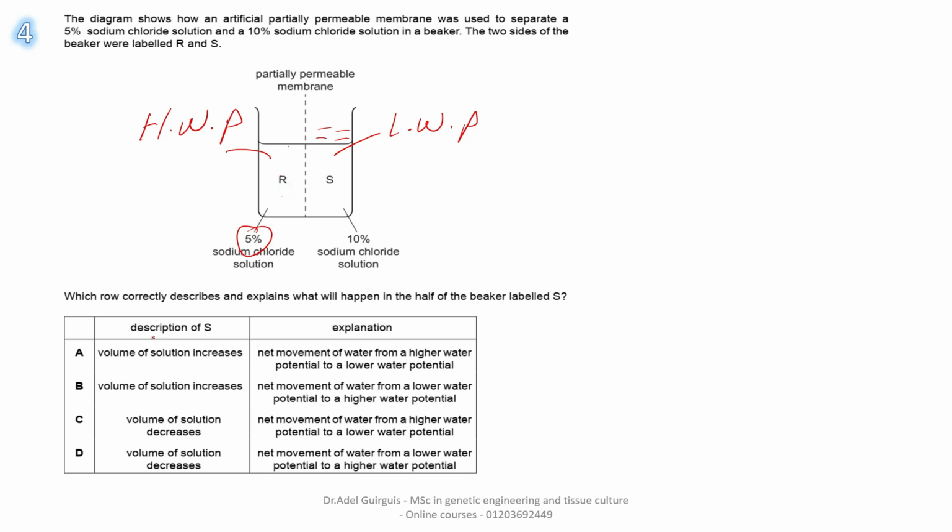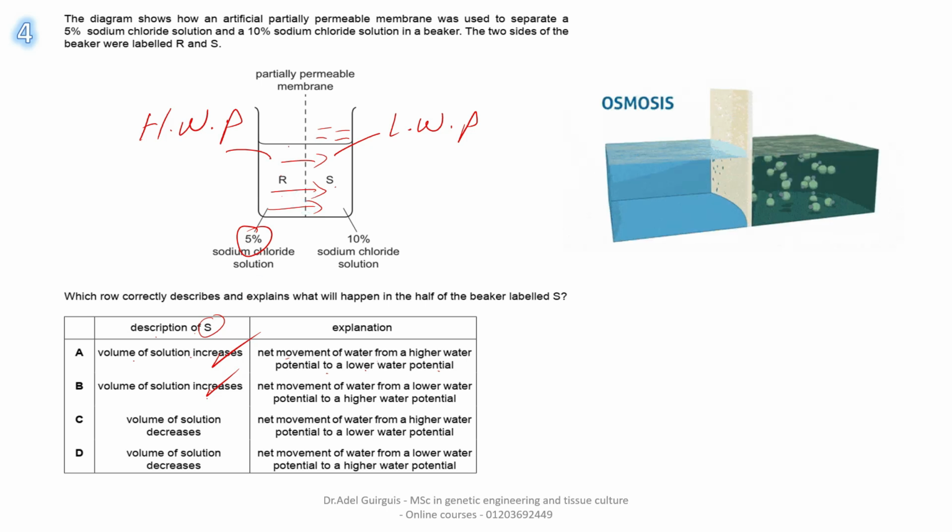Decreases. But he asked about S. S increases, so the volume of solution increases. The answer is either A or B. What about the explanation for this process? Net movement of water from a higher water potential to a lower water potential. The water moves to this side from high to low. Look at this animation.